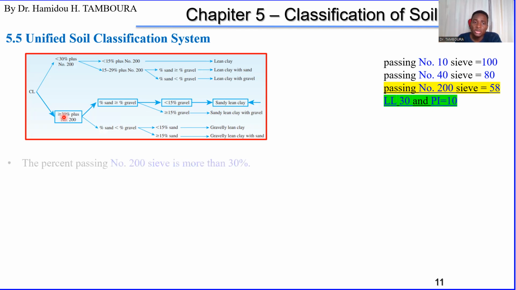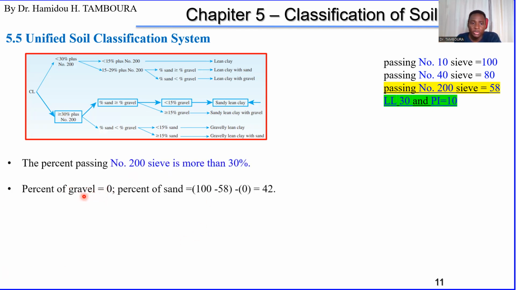So the percentage of sand is higher than the one of gravel, because the percentage of sand is 100% minus 58%, which is 42. Okay, 42 is higher than 0. So we are in this case, the percentage of sand is larger than the one of gravel.